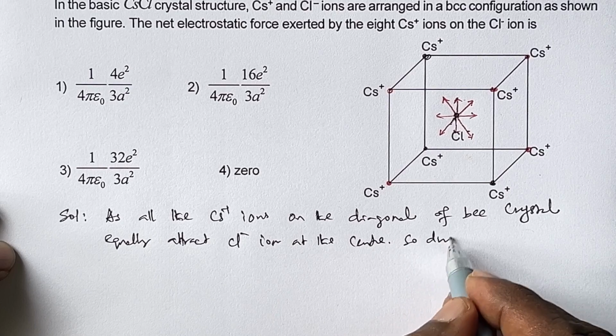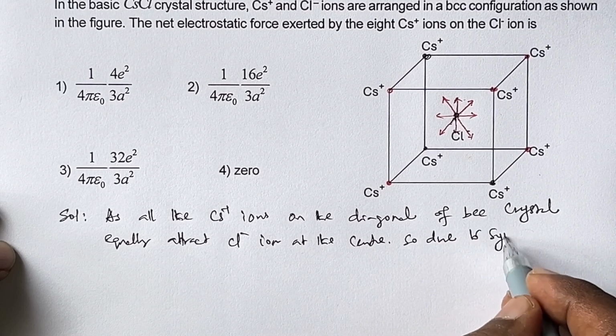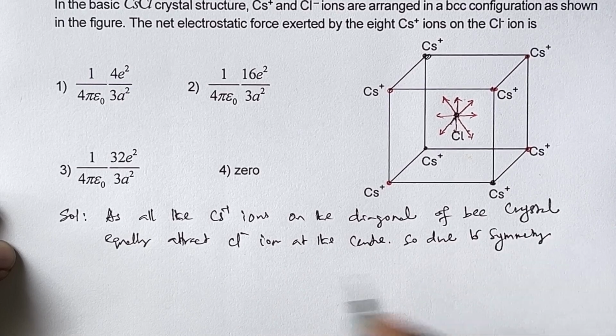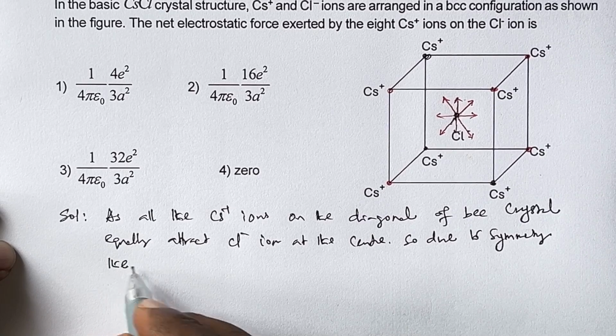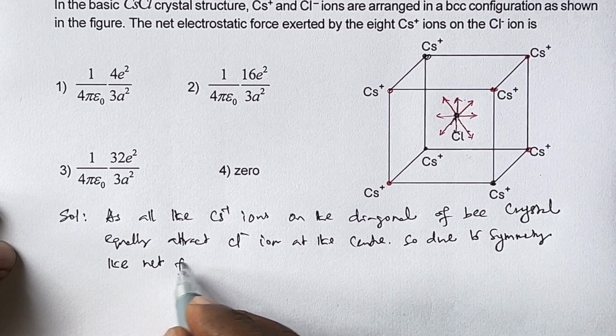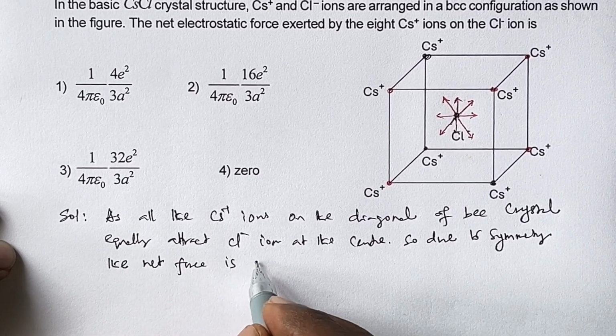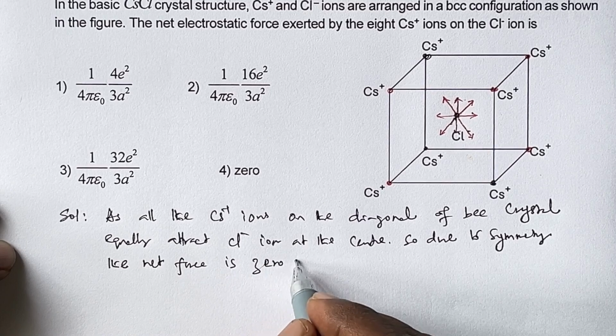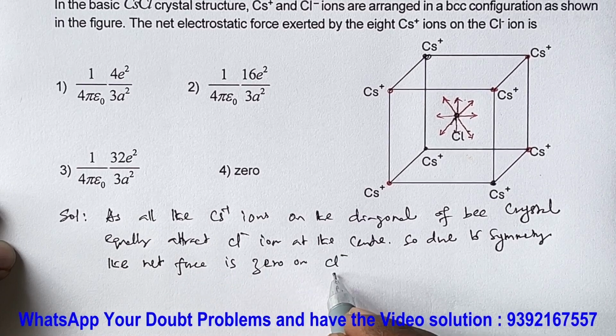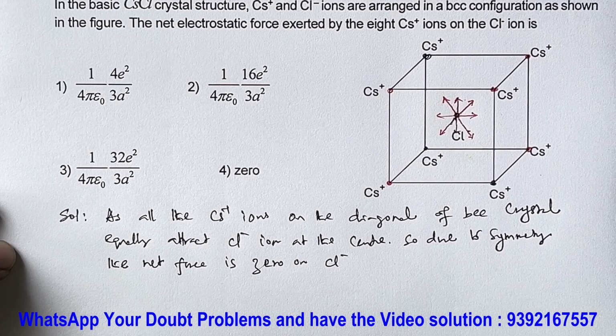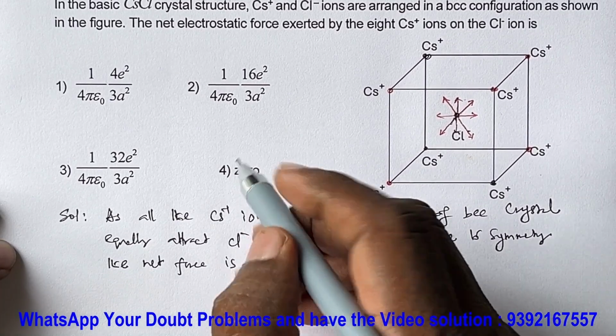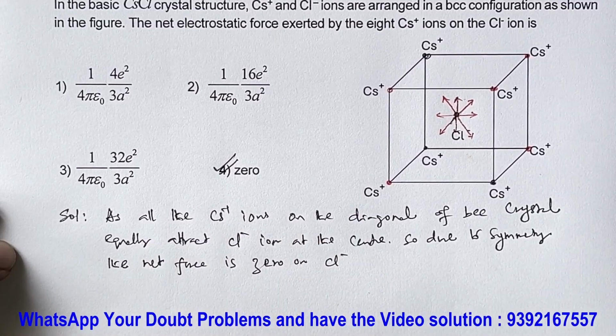So due to symmetry, the net force is 0 on Cl minus. So the net electrostatic force is 0 on chlorine. So the fourth option is the correct option.